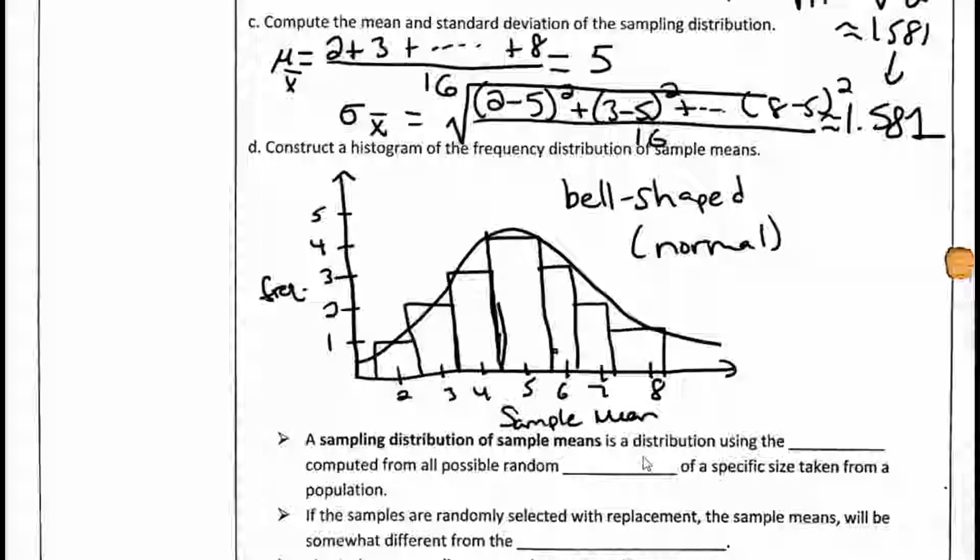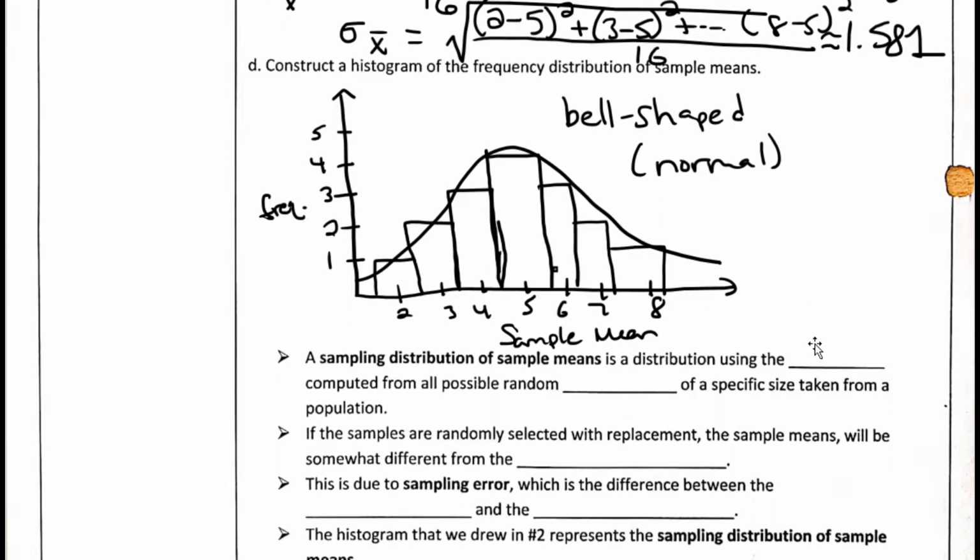What that's telling us is that even though the original data is not bell-shaped, if you were to take samples randomly of the data, average those numbers, and then graph those numbers, you would get a curve that is bell-shaped. And this is known as the central limit theorem.